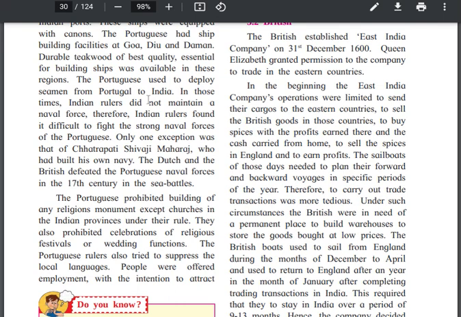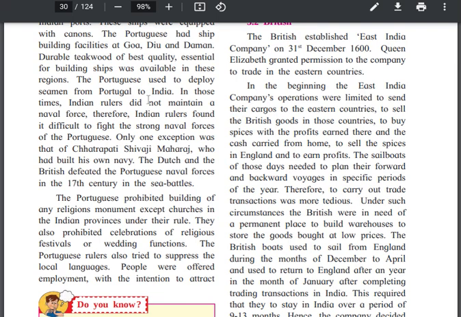Just imagine in 2023, if Portuguese people were living here, we could not build temples or celebrate Diwali, because they were in control. The Portuguese rulers also tried to suppress the local languages. We could not speak Hindi, Bhojpuri, Marathi, Rajasthani, or state languages.